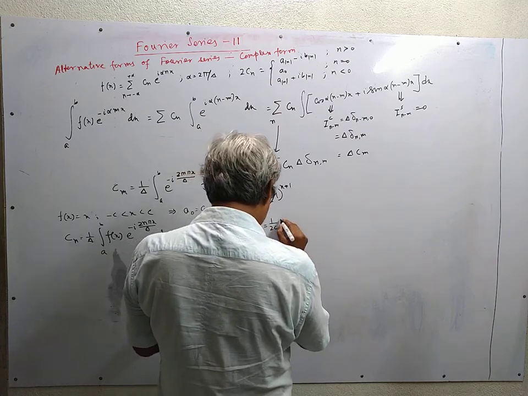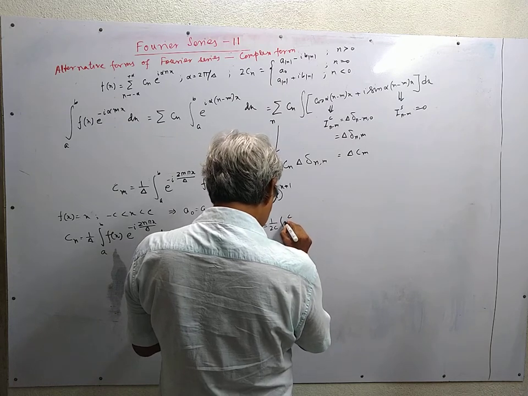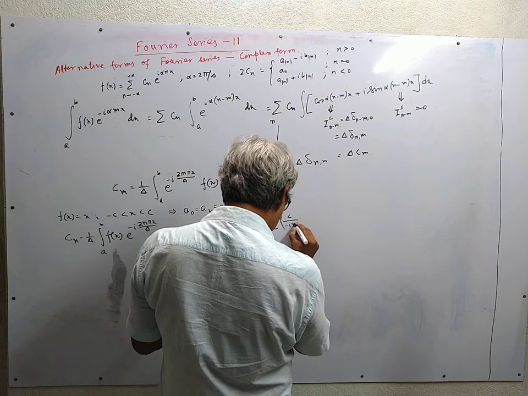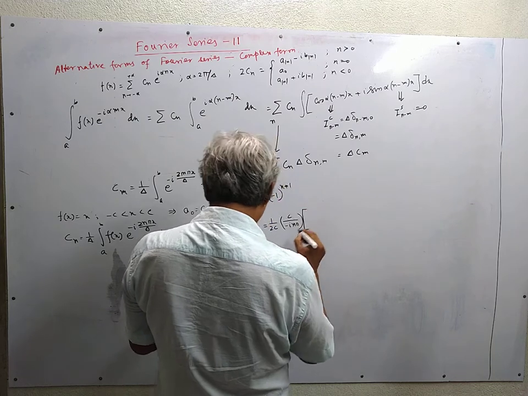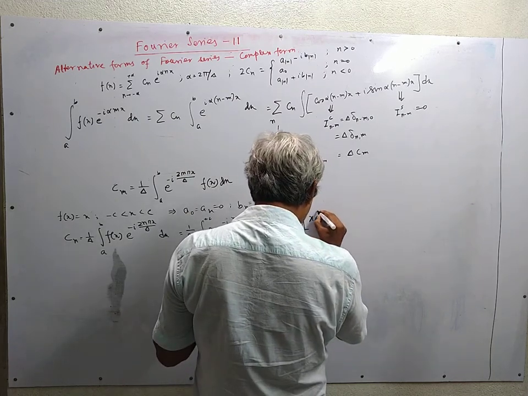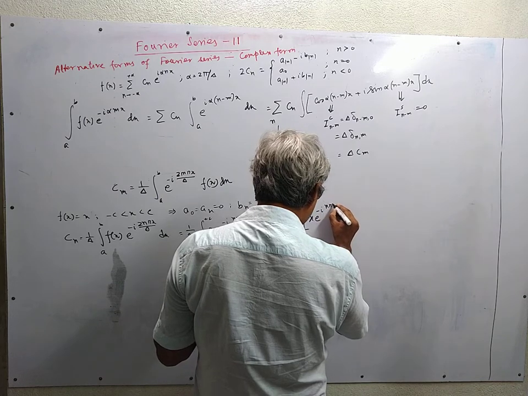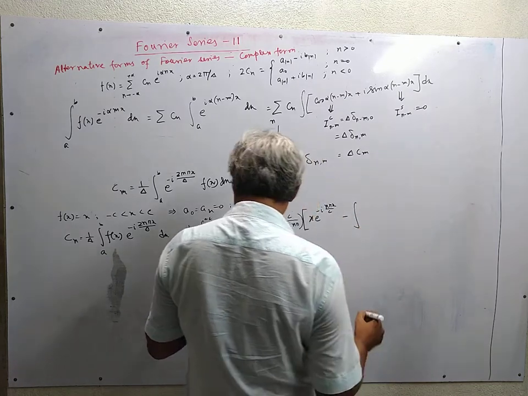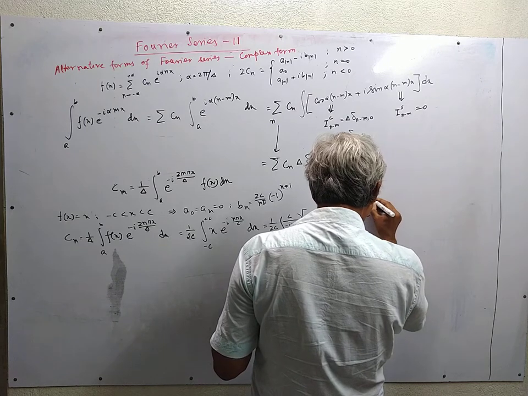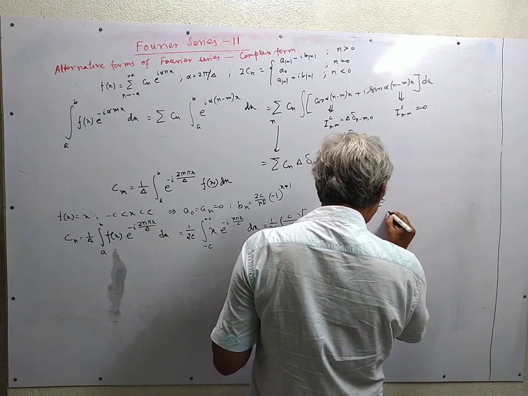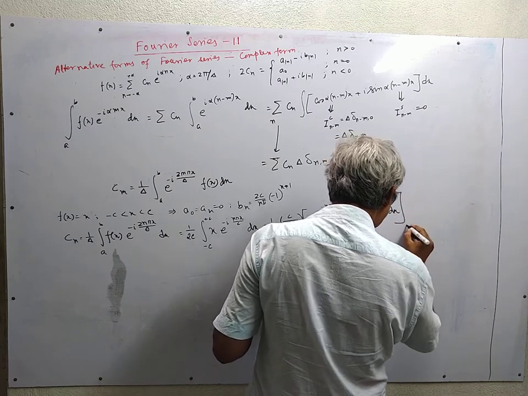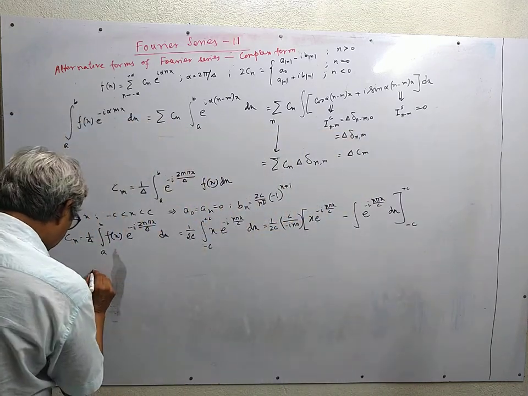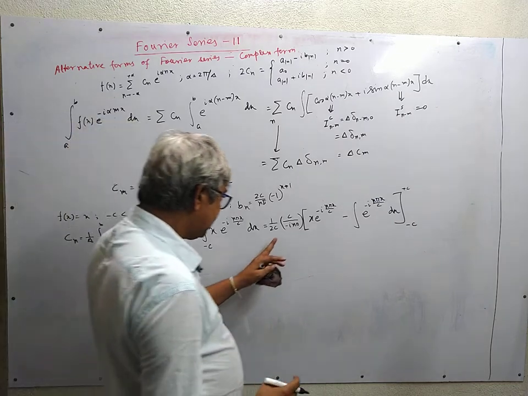When we integrate this, we get c by minus i n pi, and then we will have x e to the power minus i n pi x by c, minus the integral. Now first thing is that the coefficient c cancels out.